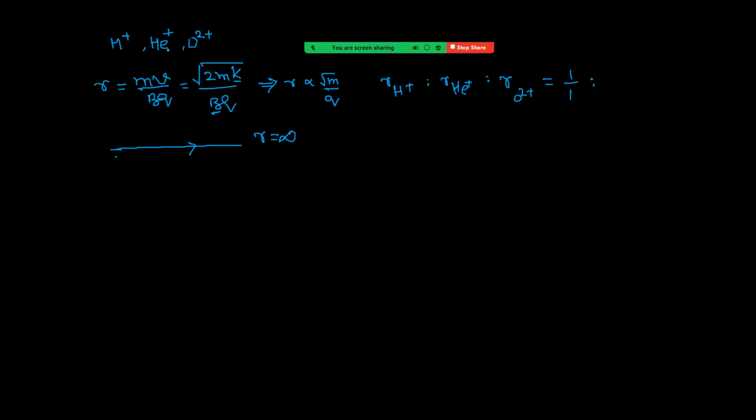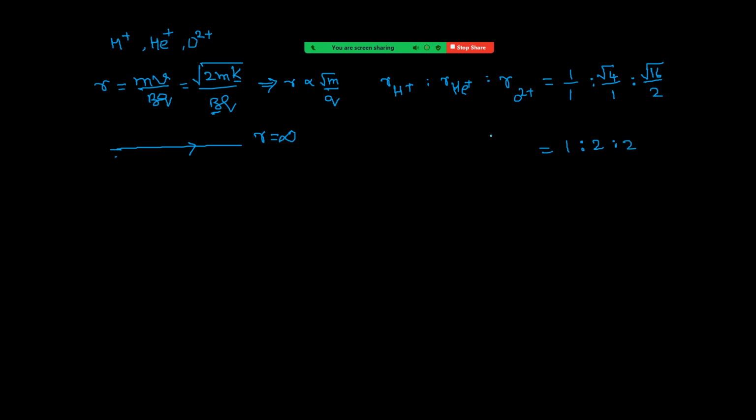Coming to helium, charge is 1 and mass is 4, so root 4 upon 1, which is 2. Coming to oxygen, O2 plus, charge is 1 unit and mass is given as 16, so root 16 is 4, and 4 by 2 is 2.